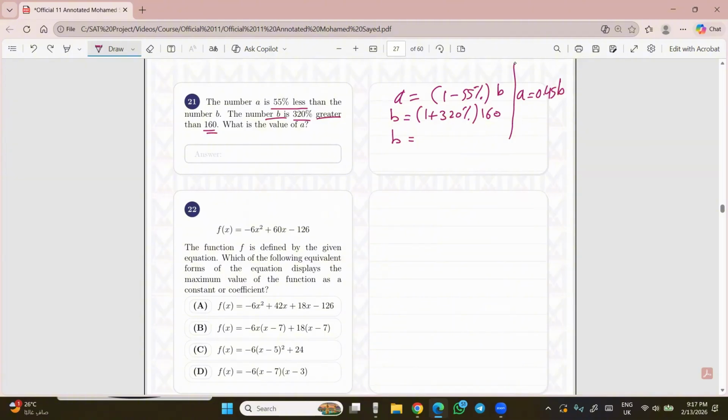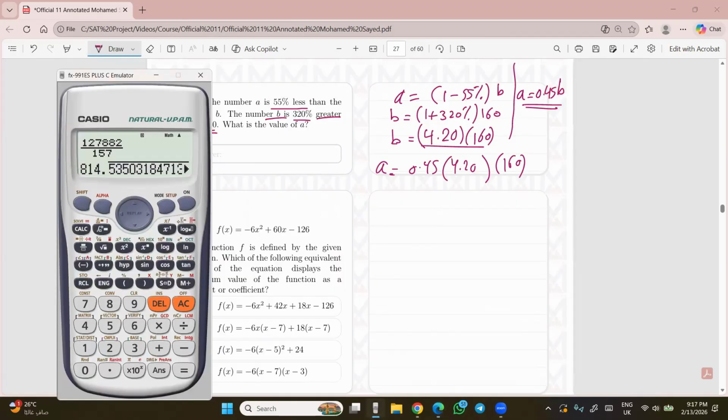It makes it 420%, which is 4.20 times 160. We can now use the calculator to get the value of A. I mean, A here is 0.45 times B, and B is all of this, 4.20 times 160. Use the calculator like this. I'll write them all together.